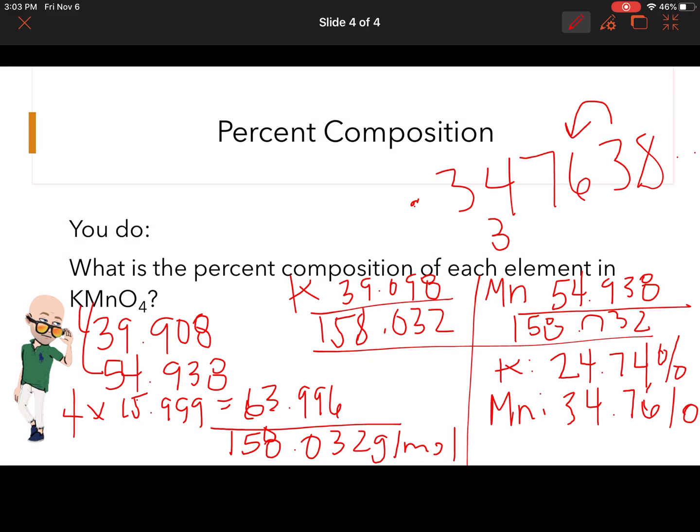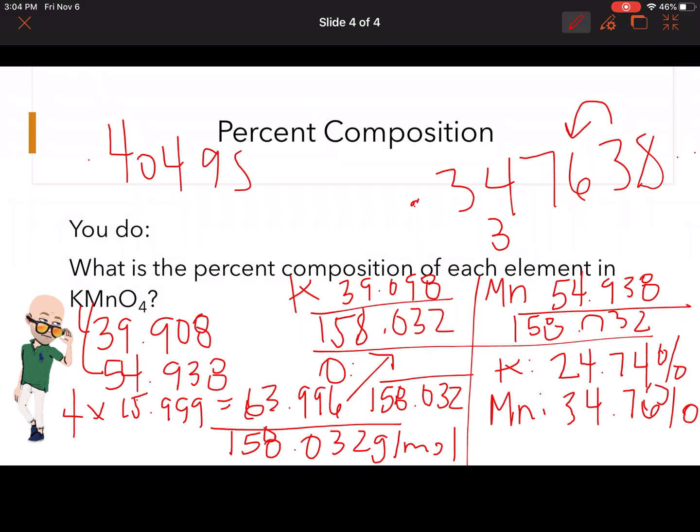And last one, oxygen, 63.996 divided by 158.032, and I get 0.40495. This is a fun one to round.